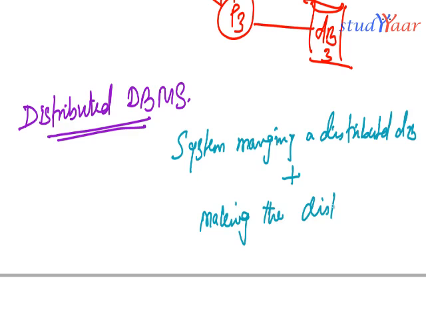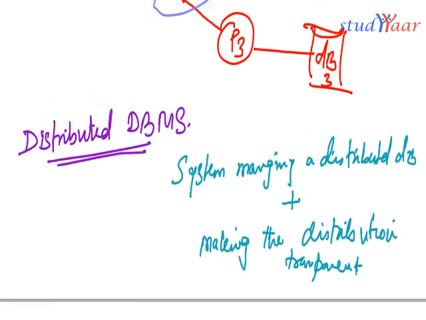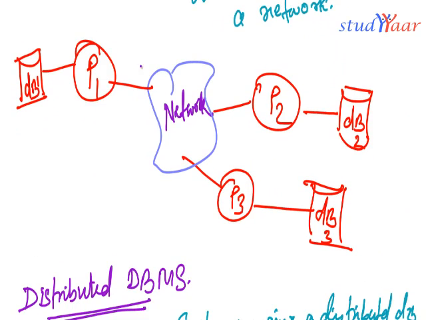What is the meaning of the phrase, making the distribution transparent? Let's suppose here I have a person who makes a query.